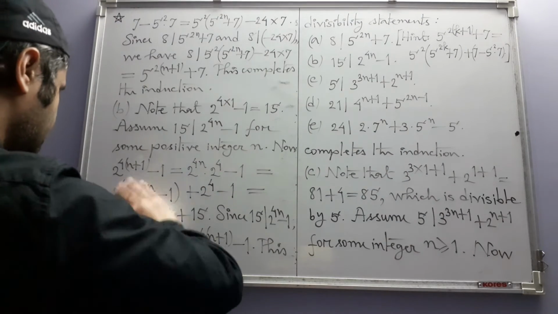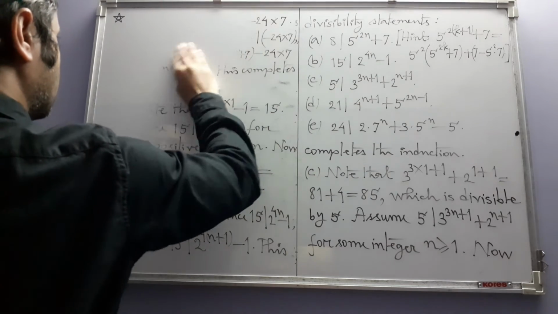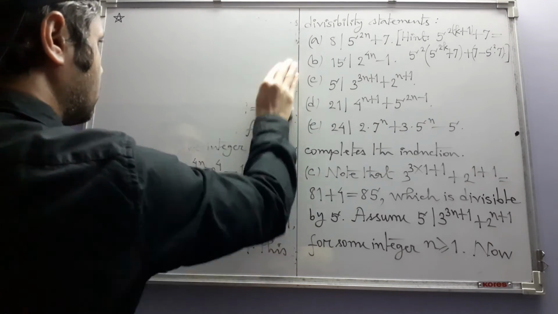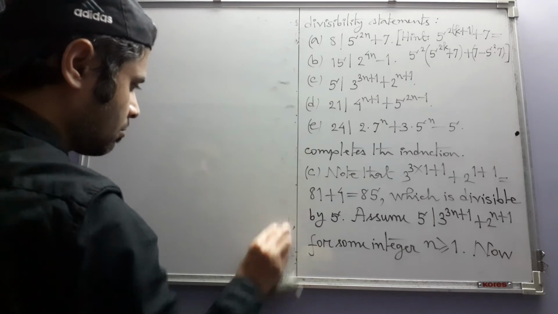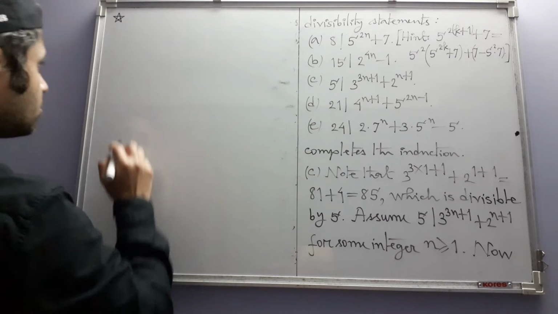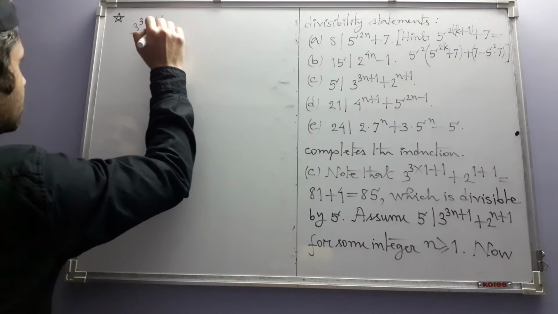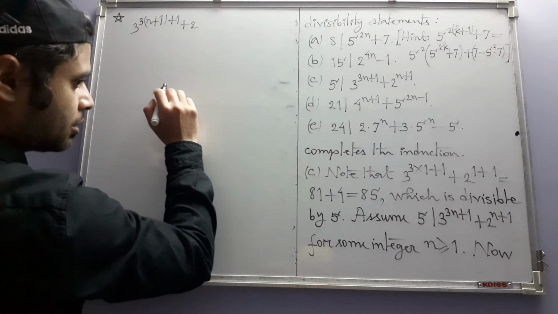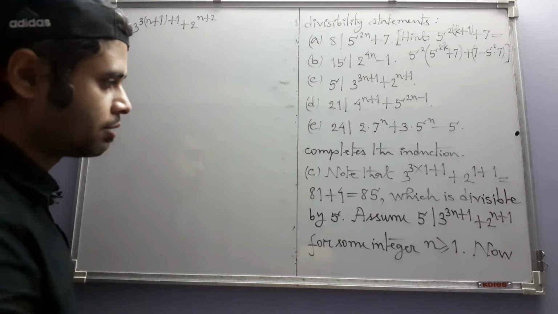Now we replace n with n plus 1. Now 3 to the power 3 times n plus 1 plus 1 plus 2 to the power n plus 2. That's what we get if we replace n with n plus 1 here.